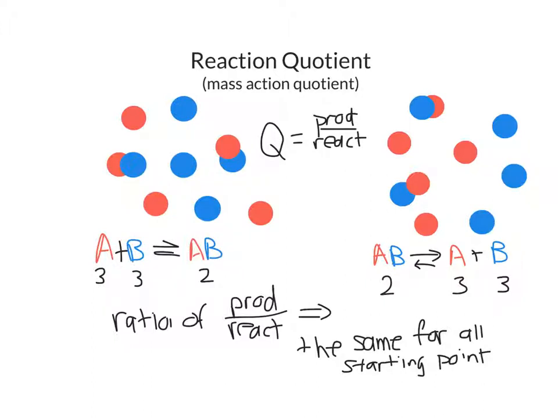And if the opposite is true, if the products are more stable than the reactants, then the reaction is going to go more strongly in the forward direction to form more products because they are more stable. And so the value of this reaction quotient for any given reaction can be very different.